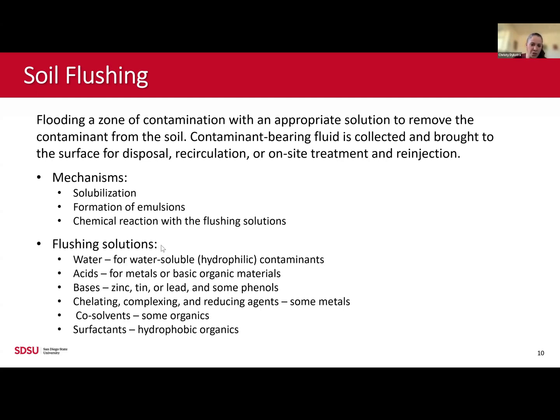So the different flushing solutions that we typically will use: water. This is great for anything that's hydrophilic, so water-soluble contaminants. Acids, we might use this for metals or basic organic materials because these can be solubilized, just like when we talked about the landfill.